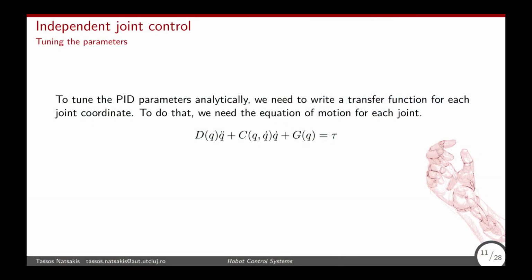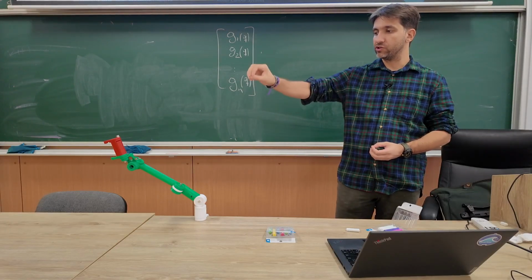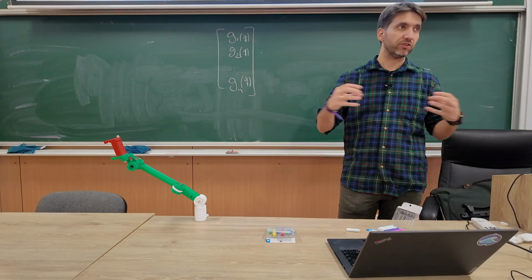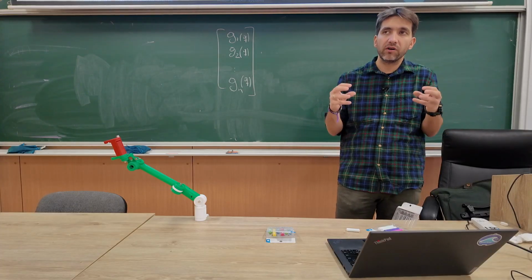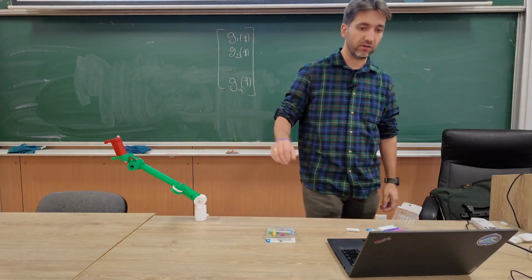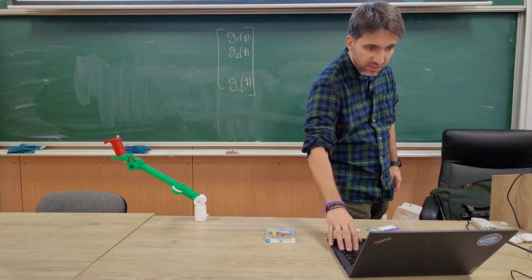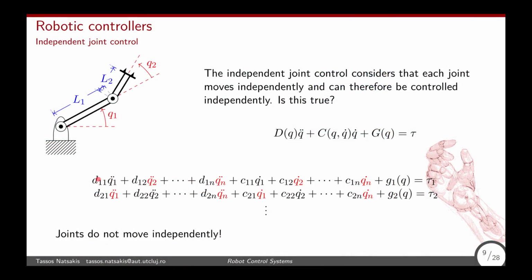So we start from our dynamic model, the model of the process. Since we're trying to develop a controller for each joint, we need an equation of motion for each joint. So basically we need a smaller dynamic model focusing on each joint individually, right? Which is basically these equations here: the first, the second, nth equation.